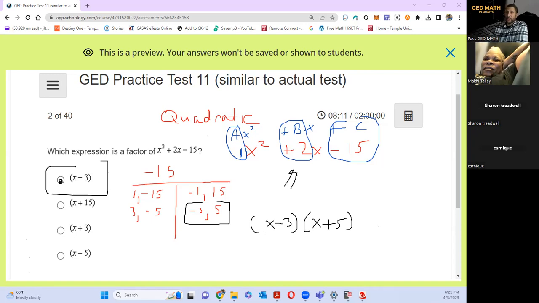Can you store these in the calculator and get the answer also? You can, but if they're asking for a factor, then you have to work back. For example, you can store A is 1, B is 2, C is minus 15, and then solve it.